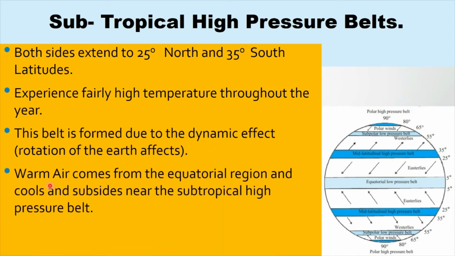How is it happening? Let's see. Warm air comes from the equatorial region, cools and subsides near the subtropical high pressure belt. When the air is heated it rises up and has a tendency to go toward the polar region, but still winds come from there, and due to these things it subsides in this area.